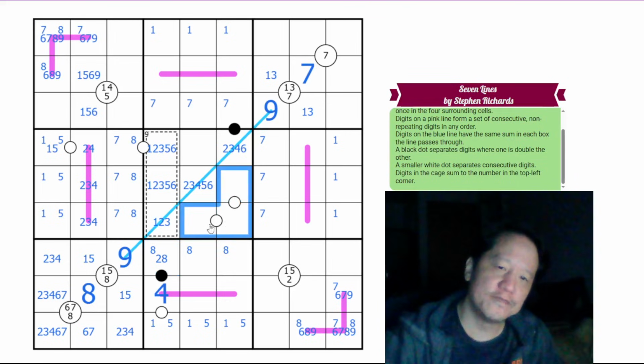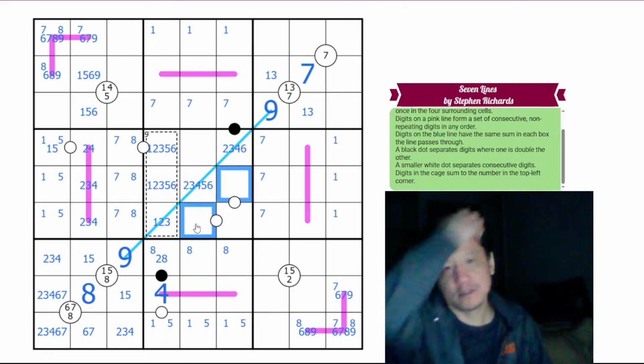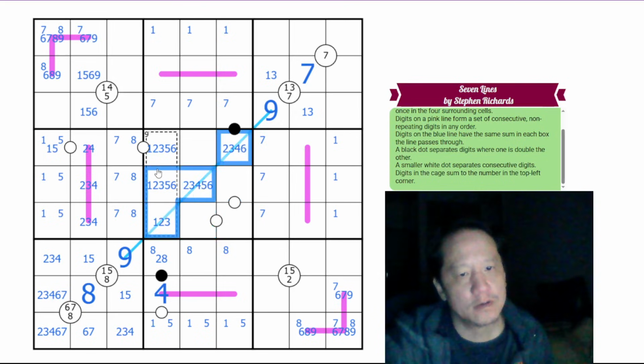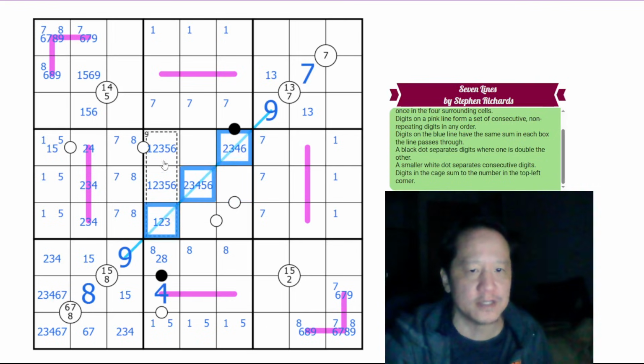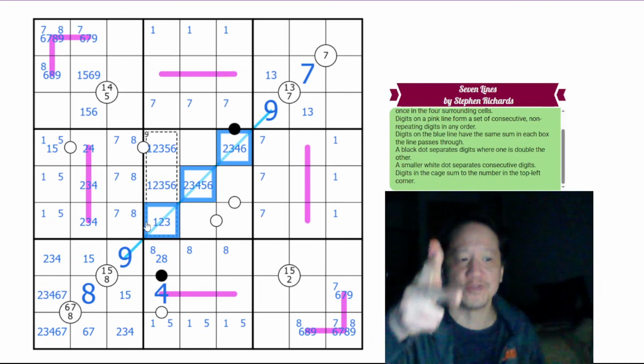This kind of forms a Renban, but it's even more restrictive because this digit has to be between these two digits. We cannot have 1, 2, or 3 here. You cannot have 4, 5, 6 as a triplet. You can't have 5, 6, 7 as a triplet because, again, these add up to 9. And it's either 1, 2, 6, 1, 3, 5, or 2, 3, 4.